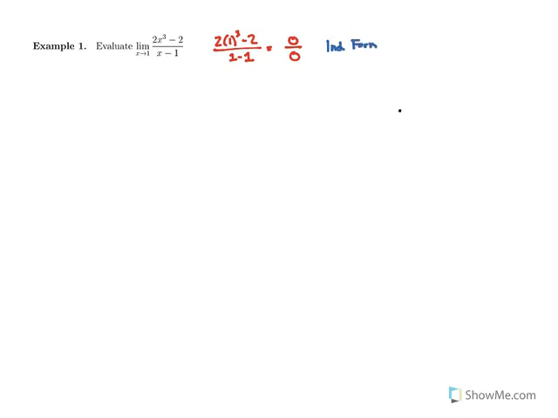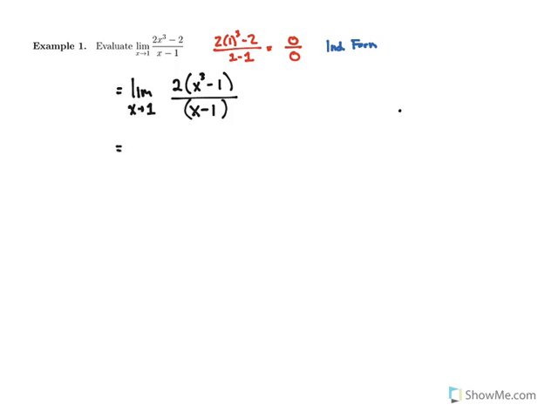So this means that the problem has just begun. We have some work to do to try to change this algebraically. So when we're looking at this, we can maybe try to factor the top and the bottom as much as possible. Maybe we can take out a 2 from the top. So we have 2 times x cubed minus 1 over x minus 1.